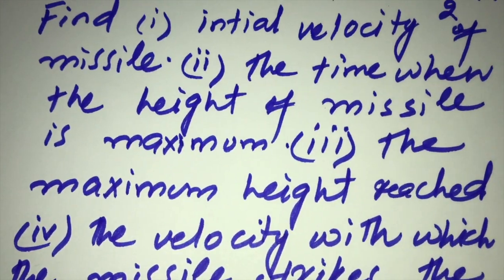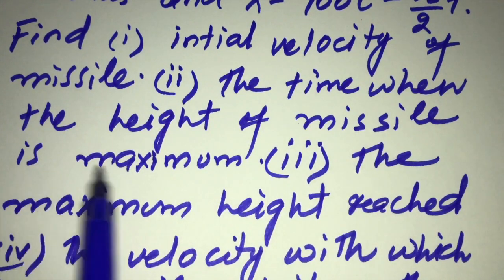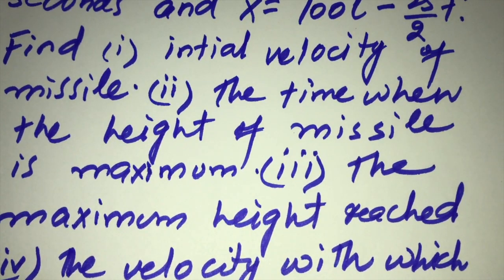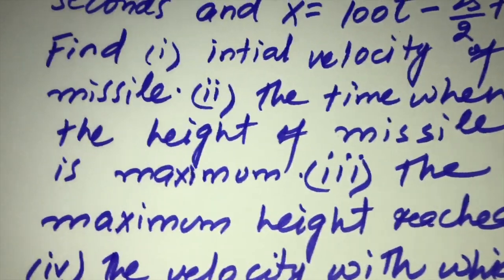Now our second part is the time when the height of the missile is maximum. Now we find the time when the height of the missile is maximum. For this part, our strategy is that when the height is maximum, then the velocity is equal to 0.